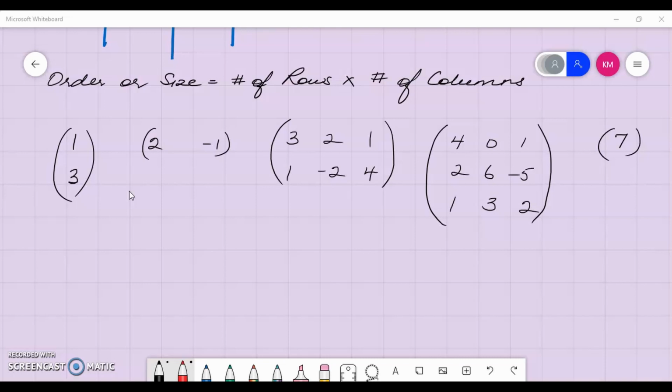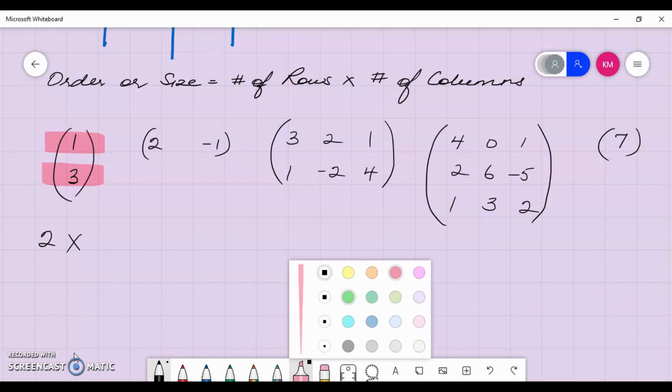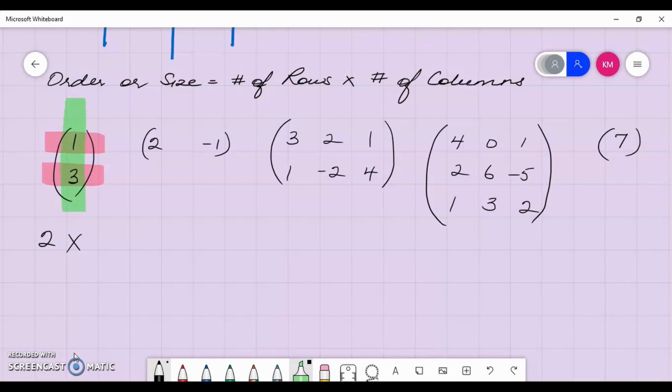Remember, the order of a matrix is written as the number of rows times the number of columns. So here you are seeing that we have 2 rows. So that's 2 by, how many columns do we have here? 1 column. So this here is a 2 by 1 matrix.